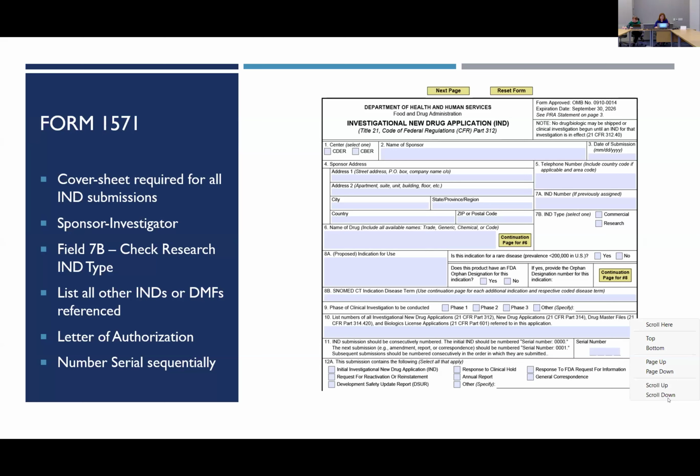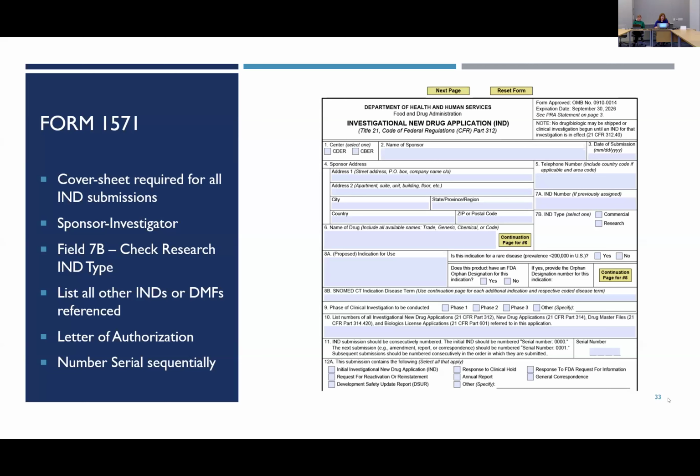Most INDs that I have submitted are usually a research IND. So one of the questions here is whether it's a commercial versus a research IND. Commercial means, is it going to be marketed eventually in the future for a therapeutic reason.